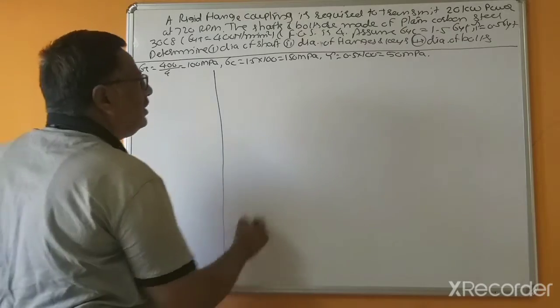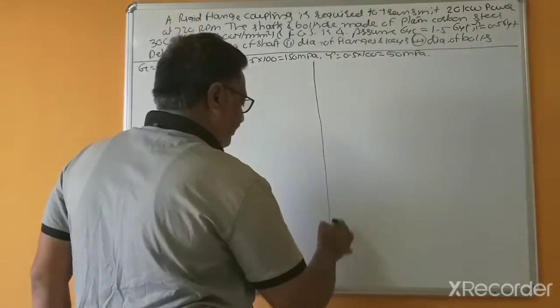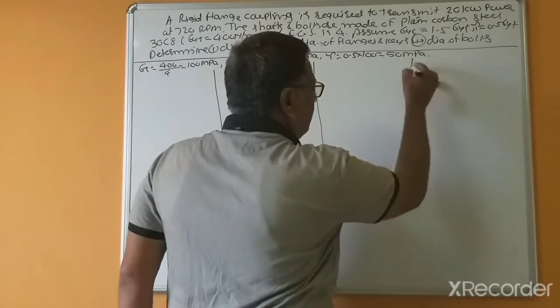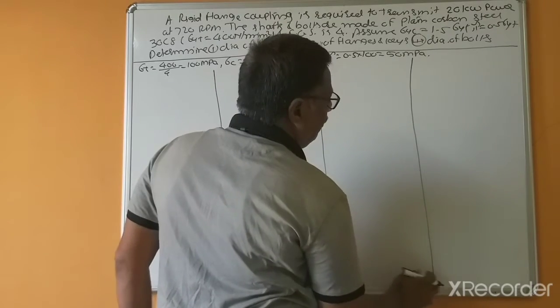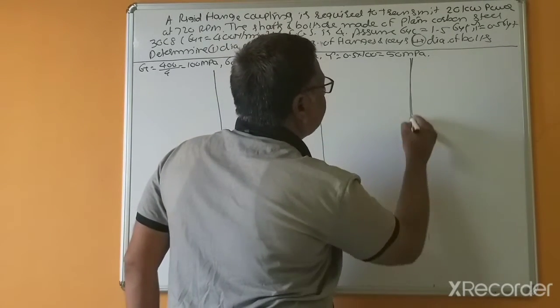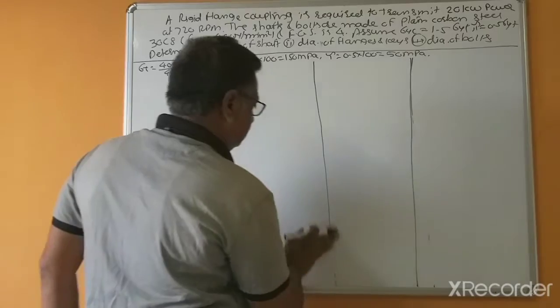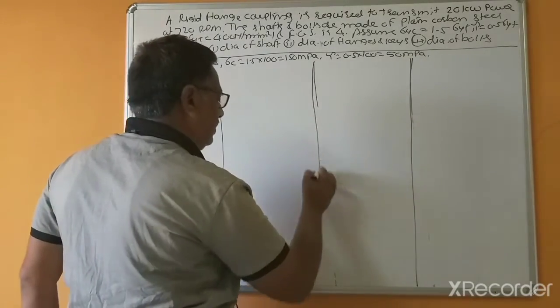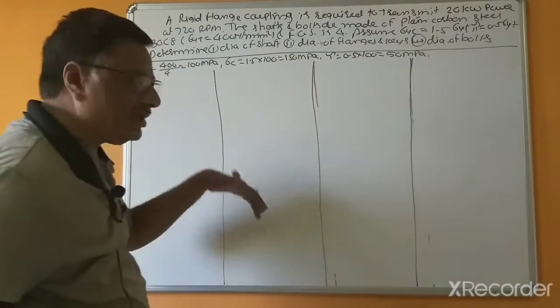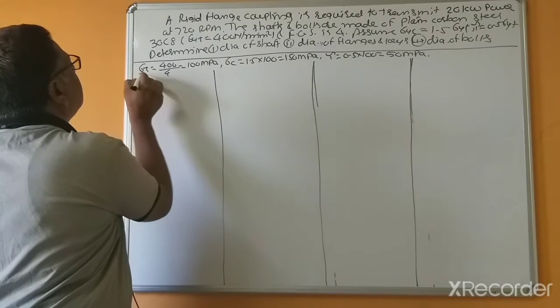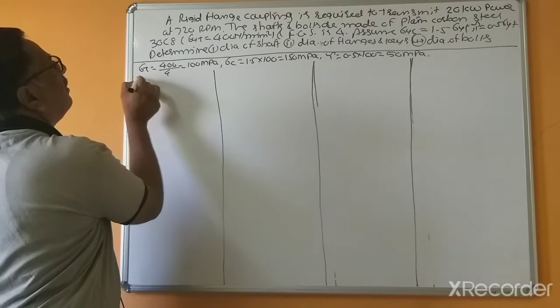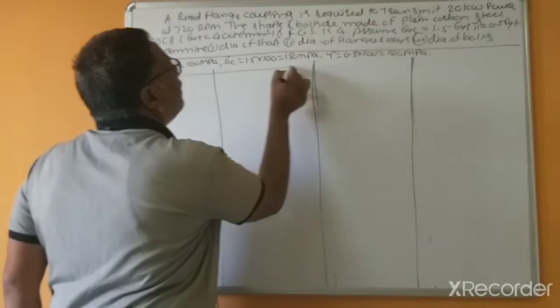Because of the limitations of space, I will divide this board into 4 columns so that we can solve the problem fully. So this is the given data, right?